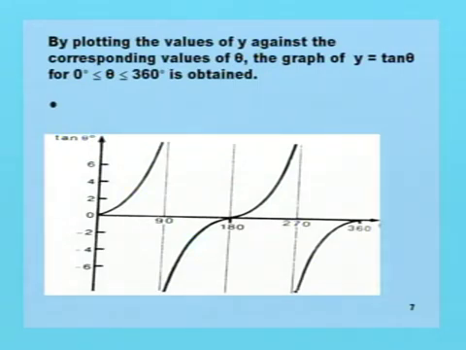Now, when you use your calculator, you can check that if you find the tangent of 87, trying to get close to 90, you'll find you have a very large number. If you try 88, the number is still larger. If you try 89, it's still larger.